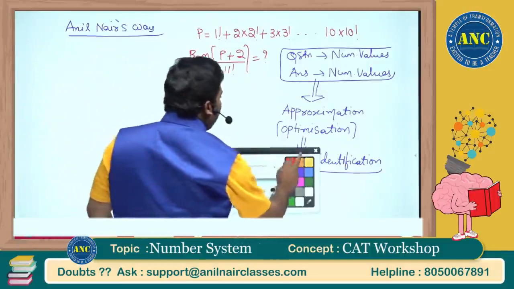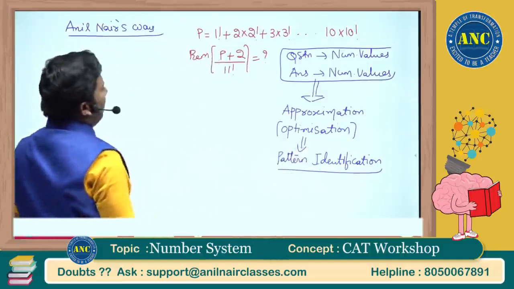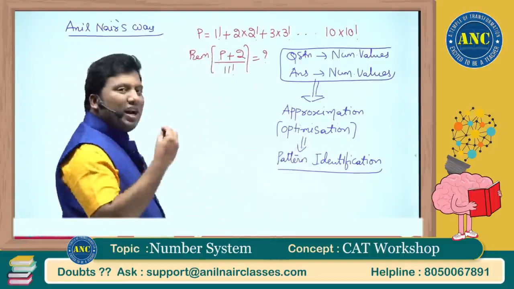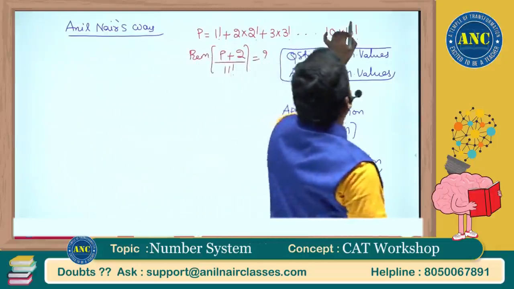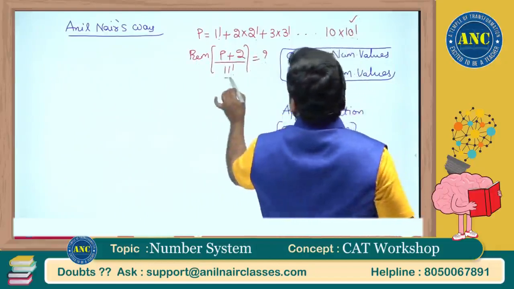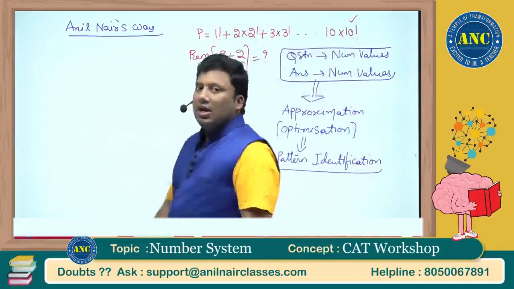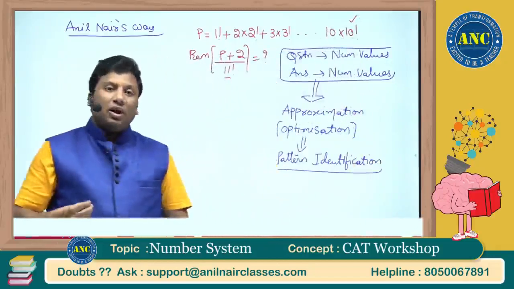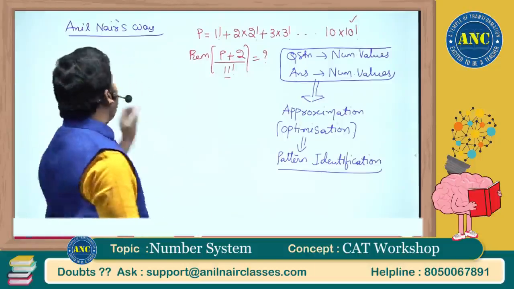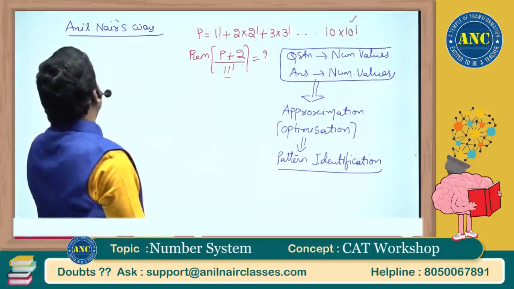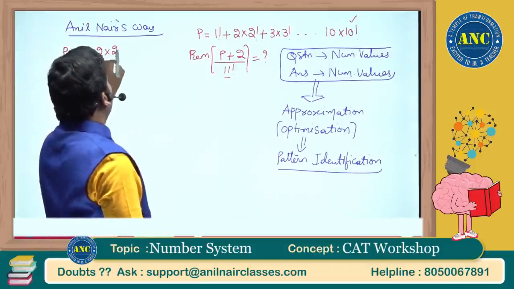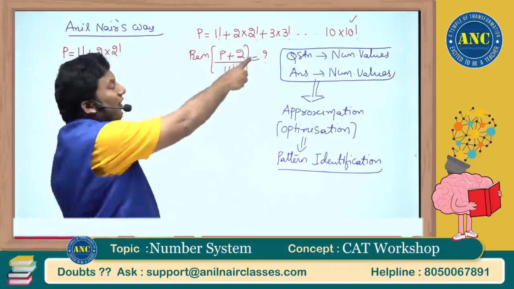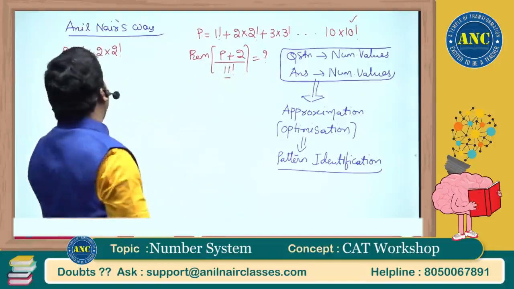Now see, listen carefully. 1 factorial plus 2 into 2 factorial. The first thing I asked myself: oh, it is ending with 10 factorial, and the denominator is 11 factorial.